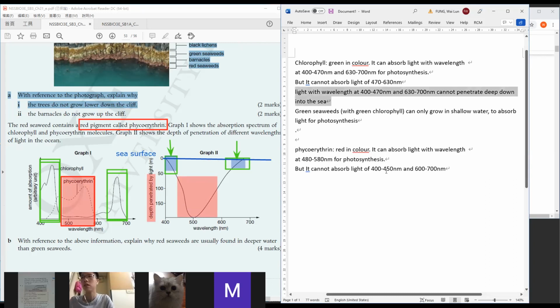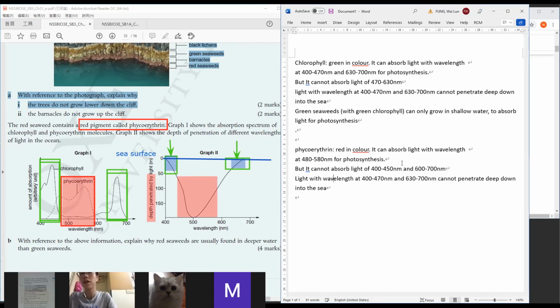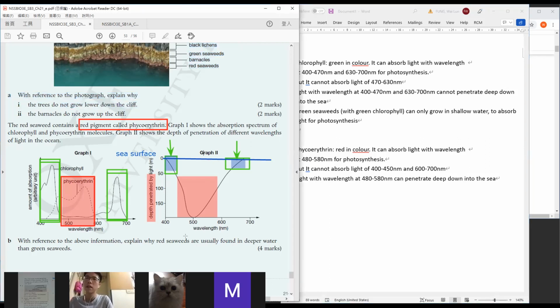So the first point, light with wavelength around 480 to 580 can penetrate deep down into the sea. You can see these two wavelengths, they are going deep down into the sea.